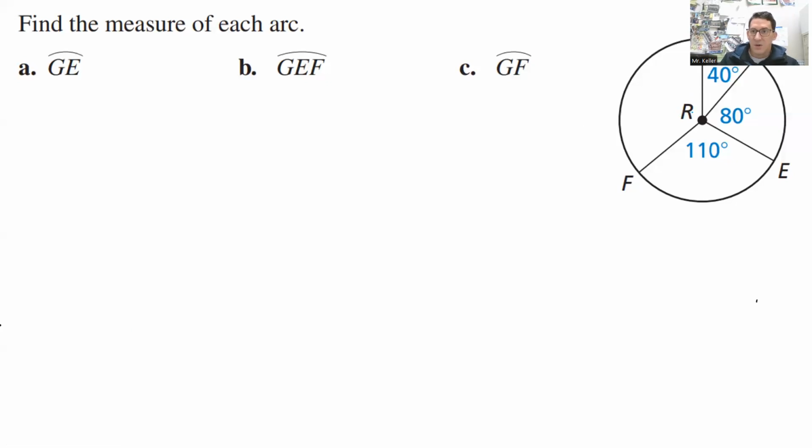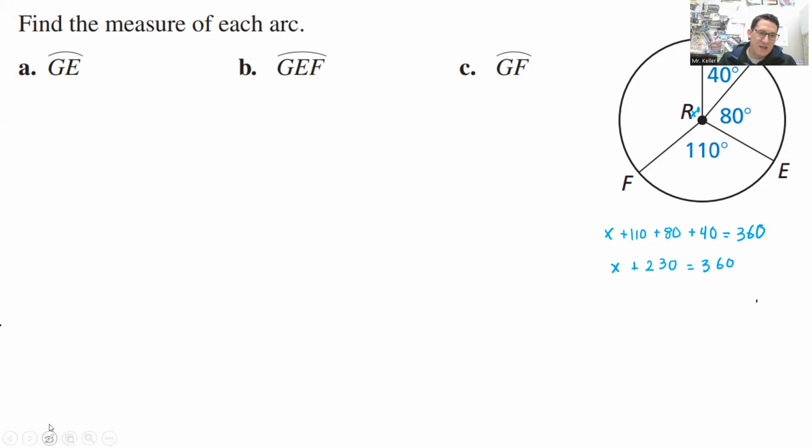I'm going to call this angle measure in here X. I know the R is in there, but circle R. So X plus 110 plus 80 plus 40 all needs to add up to 360. 110 plus 80 is 190, plus 40 is 230, is equal to 360.